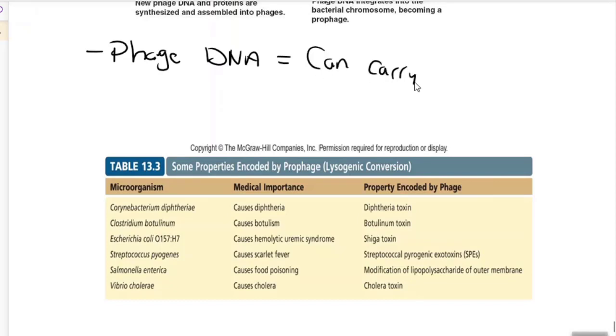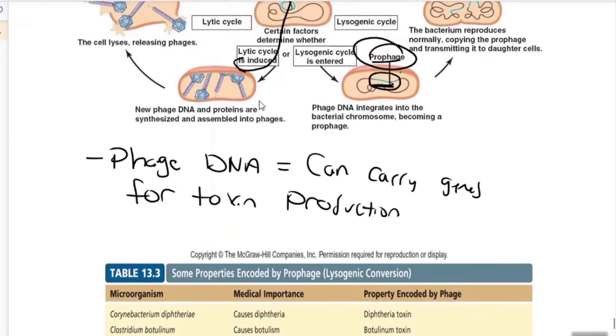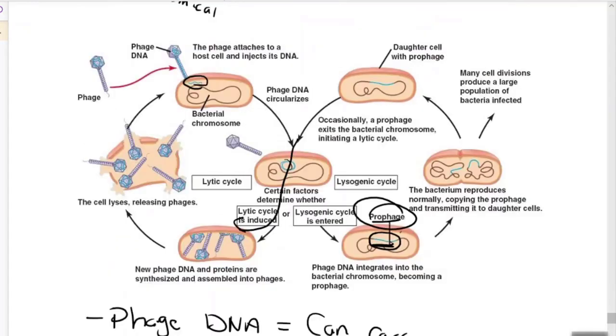So if the bacteria, such as these guys here, start replicating, they all can produce toxins based on this phage DNA that's inserted in them, and that could have devastating effects on the host.